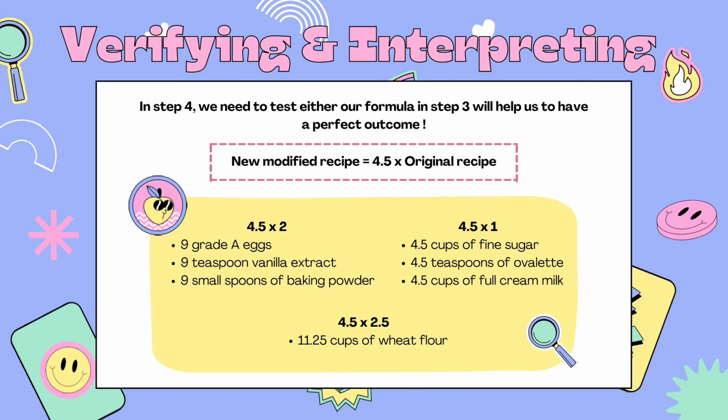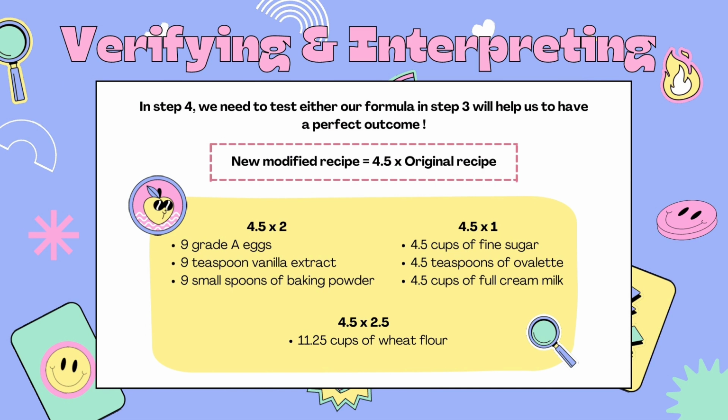From step 3, the formula that we had created is new modified recipe equal to 4.5 times original recipe. From the equation, we need to find the perfect measurement for each ingredient needed for the new modified recipe. Therefore, we need to multiply 4.5 with the original ingredient. For eggs, teaspoons of vanilla extract and small spoon of baking powder, we only need 9 for each of them, as 4.5 times 2 from the original recipe will become 9 respectively.